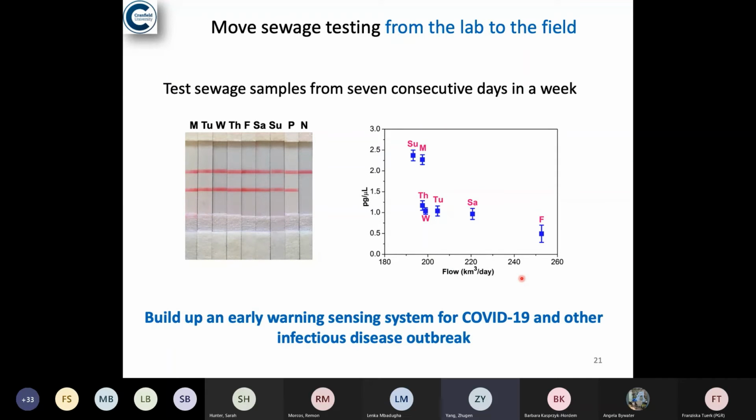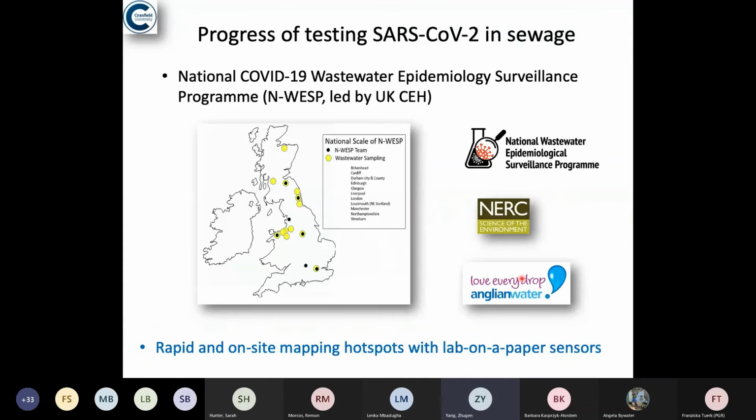We are hoping that, based on this sample concentration method and the Paper-Origami device technology platform, our ambition is to develop a rapid, on-site platform to map these hotspots or to contribute to wastewater surveillance in the UK.